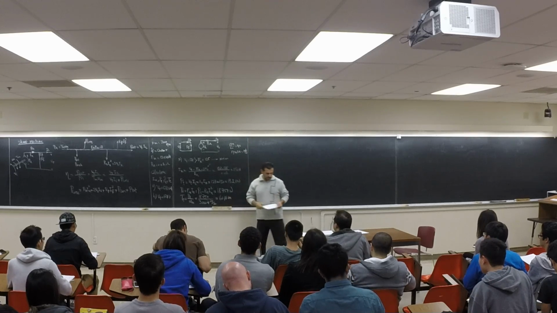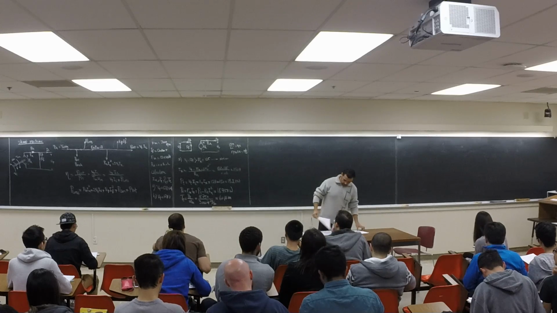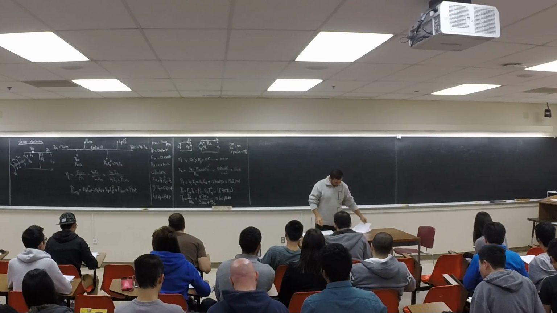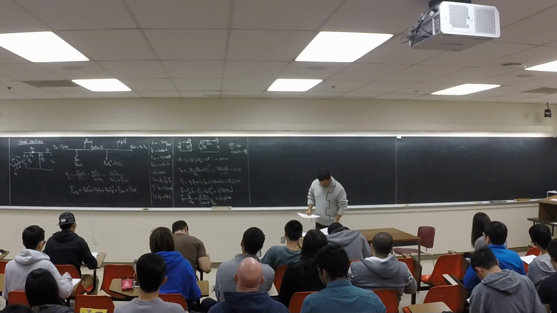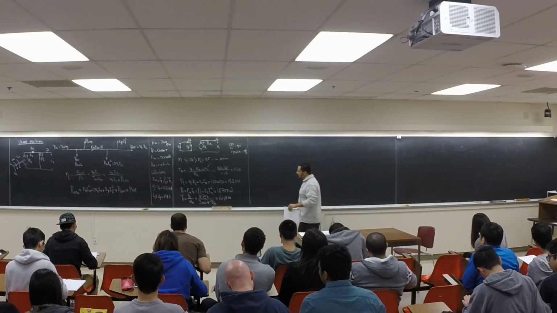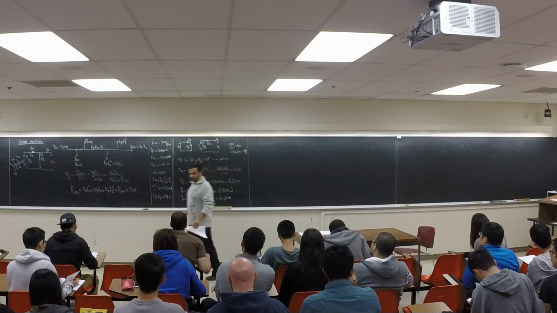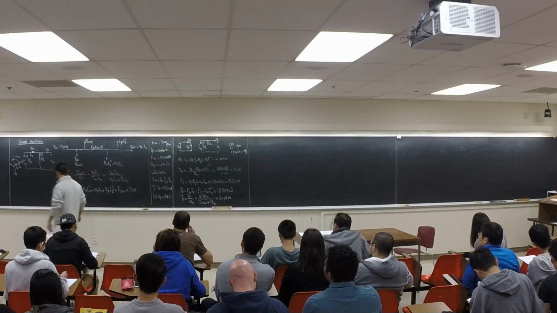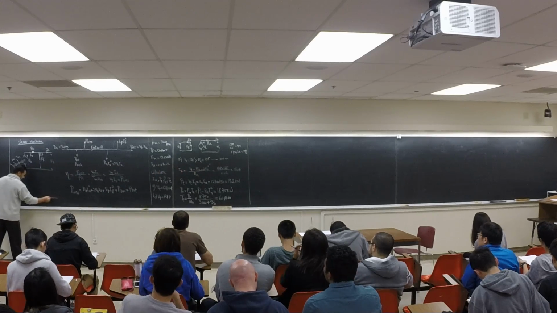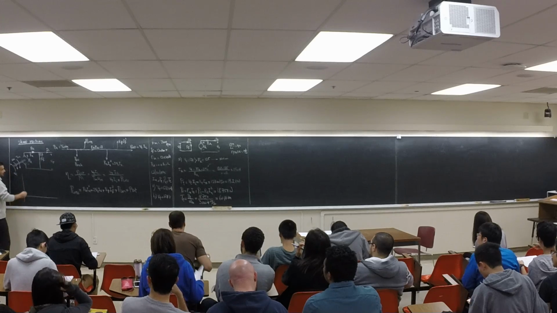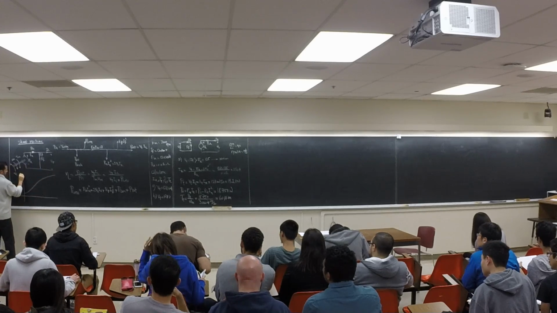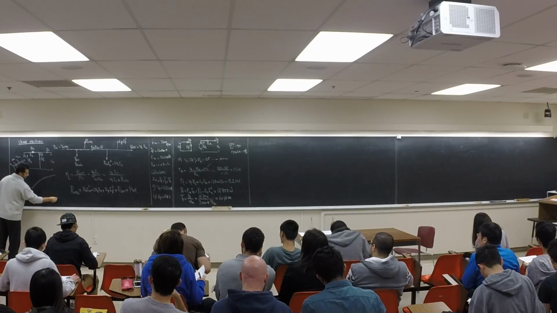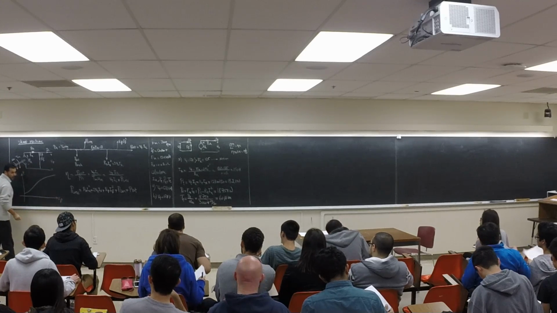Let's go to a little bit more on the shunt machine. Remember when we went over the shunt machine, I think it was Thursday, we said there is one curve here, E versus IF, the no load curve.